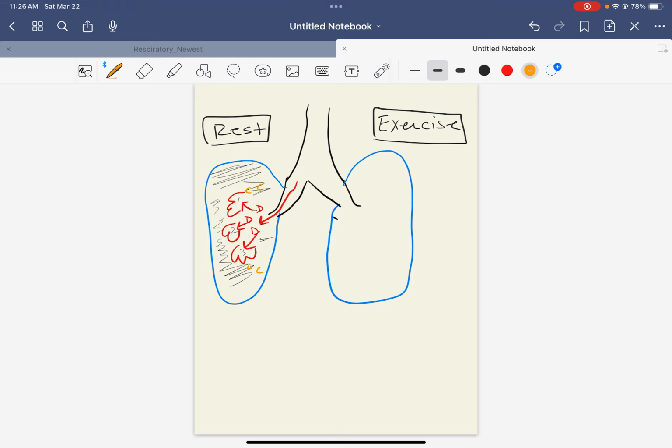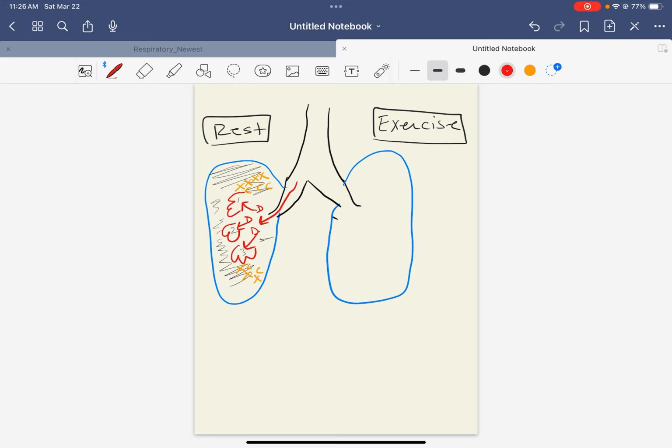So blood is not going to these zones. We dilate to open up the bronchioles to certain areas, but then we constrict the others.